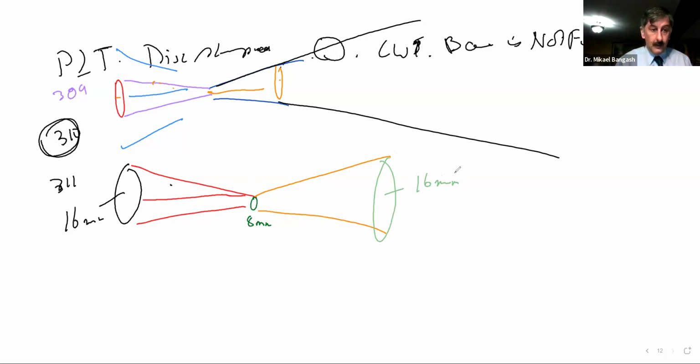But what they mainly say is, if our PCT was 16 millimeters, at a depth which is twice the focal zone, is the diameter of the beam going to be 8 millimeters here?